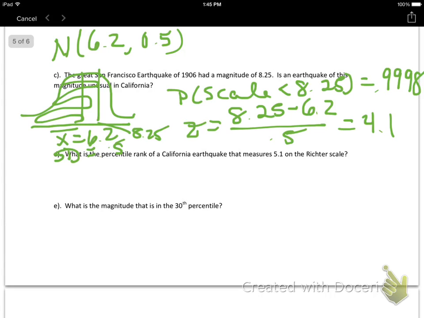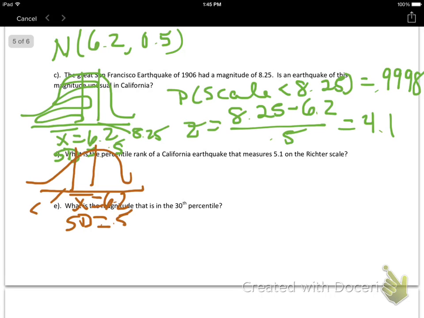Okay, what percent rank measures 5.1? So let me do another color here. So my mean is equal to 6.2. My standard deviation is 0.5. And here is 5.1. And again, I'm shading. Remember, we want to know what is less than.